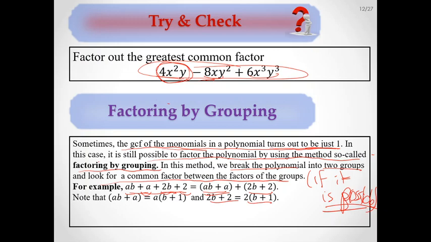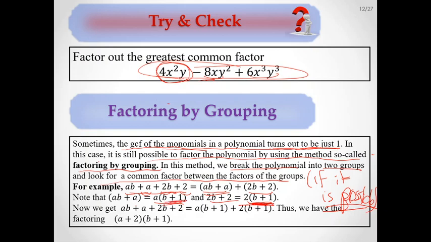But when you write them as products, you will see there's a common factor between them. B plus 1 seems to be a common factor. So we write it as B plus 1, the common factor here, times A plus 2. So this type of factoring is called factoring by grouping.